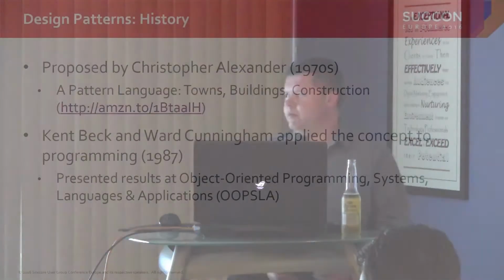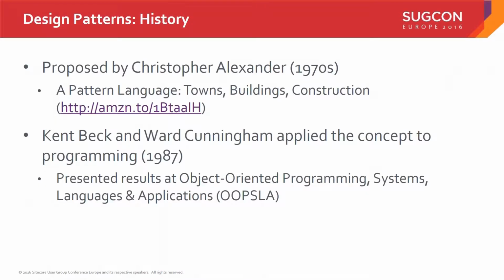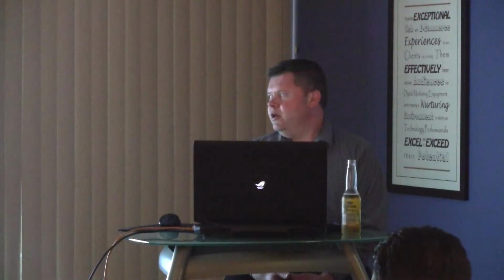All right, so where did this come from? This is interesting. This does not come from software engineering. It comes from building and city architecture, by a guy who was a professor at Harvard. He was just an architect, not a solutions architect, not a software architect, a buildings architect in city planning. He came up with this idea and wrote a book, A Pattern Language: Towns, Buildings, Construction.